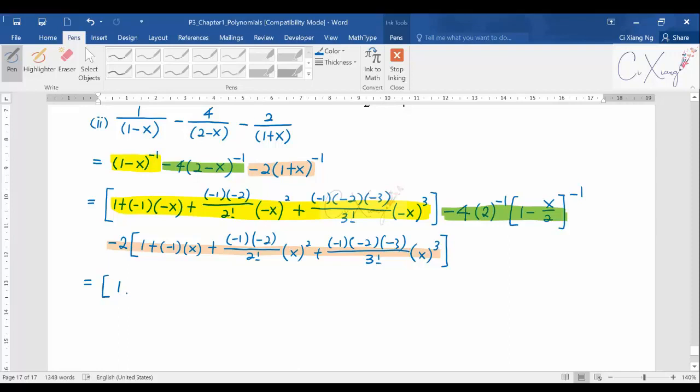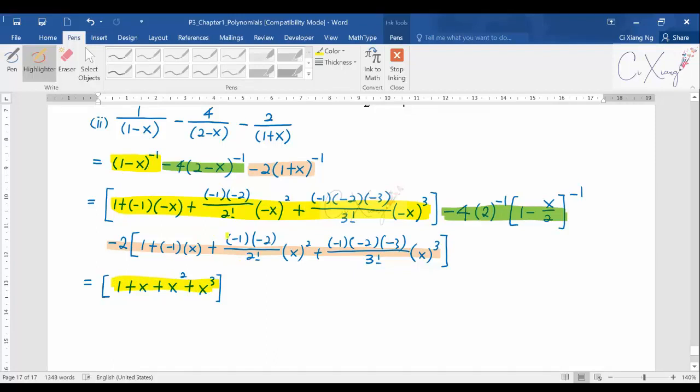Let me have a look first. So you should have 1 plus x squared plus x power 3. Okay, so this is the yellow color part. You press calculator, simplify, and you get this yellow color part.